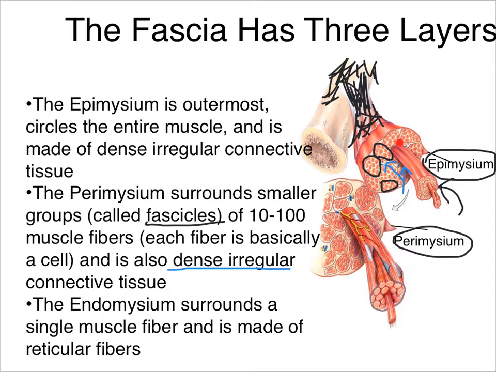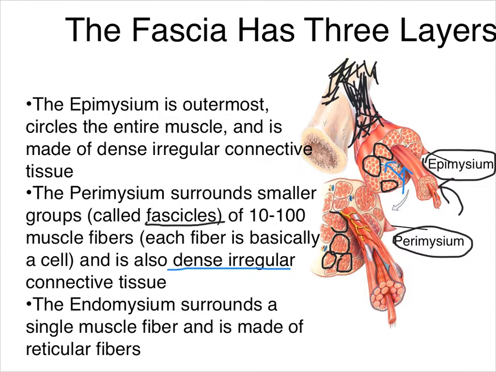So each of these fascicles is itself surrounded by dense, irregular connective tissue. And then you take a look inside the fascicle, and you can see that there are bundles inside of the fascicle. All right. This here.